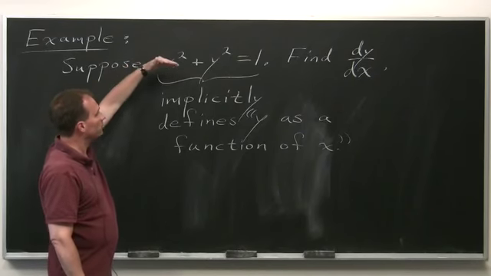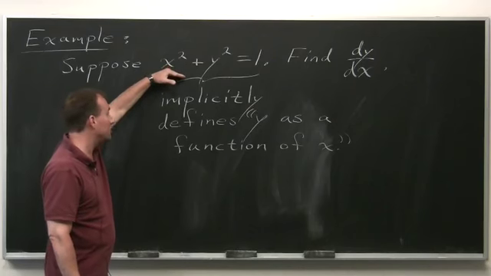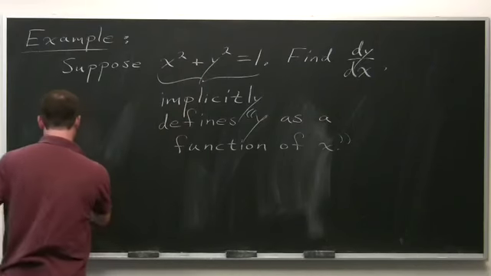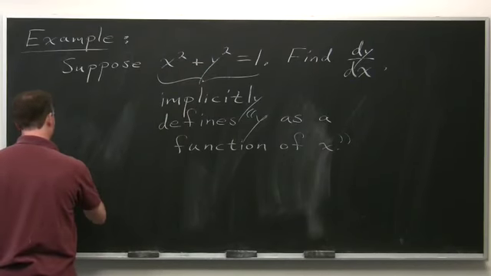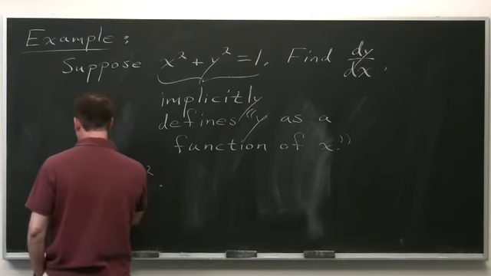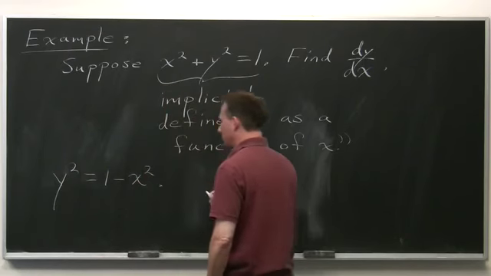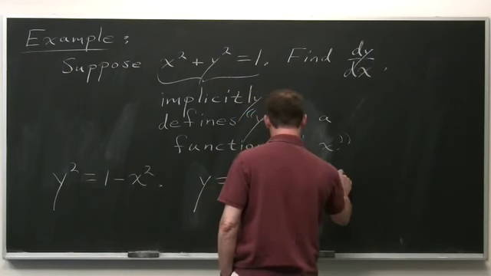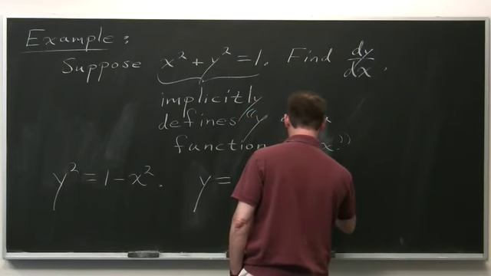But what you can do is try to solve this for y as a function of x. So you subtract x squared from both sides, and you get y squared equals 1 minus x squared. And then you take square roots, but this means that y could be plus or minus the square root of 1 minus x squared.